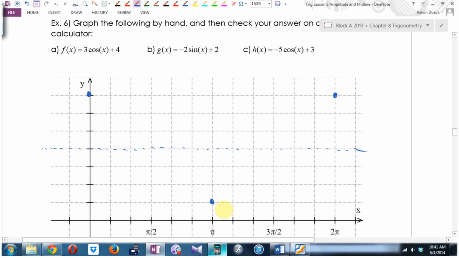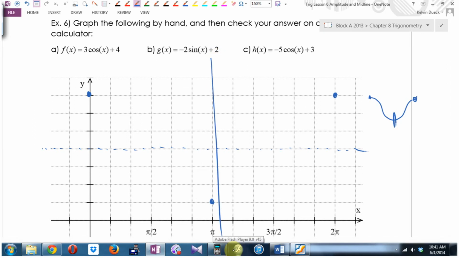Let me say that again because I lost about half of you. I know that cosine sort of looks like that, which means halfway between the 2 peaks, there's going to be a valley. So I know the valley is going to be somewhere there. Where? 3 down. Oh, and then halfway between a valley and a peak, I'm going to be 0 high right there.